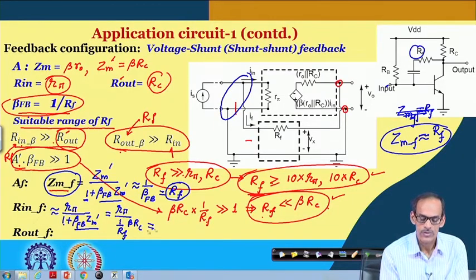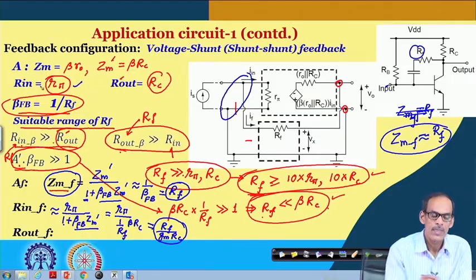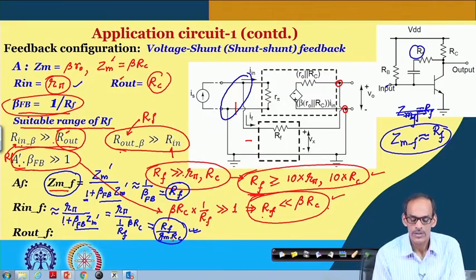So, R pi here, and within the beta we do have Gm and R pi, so that R pi you can cancel. So, this is R f divided by Gm into R c. So, the initial resistance here was R pi, now that is becoming R f divided by Gm into R c.